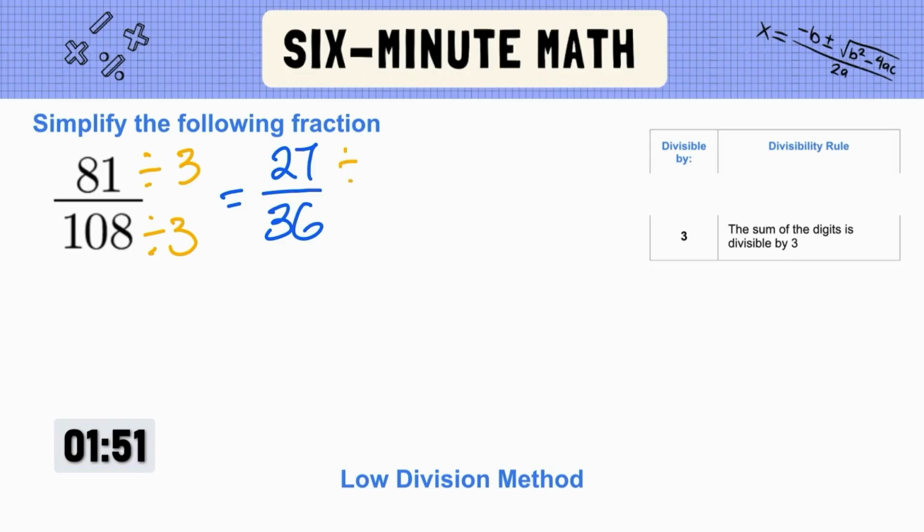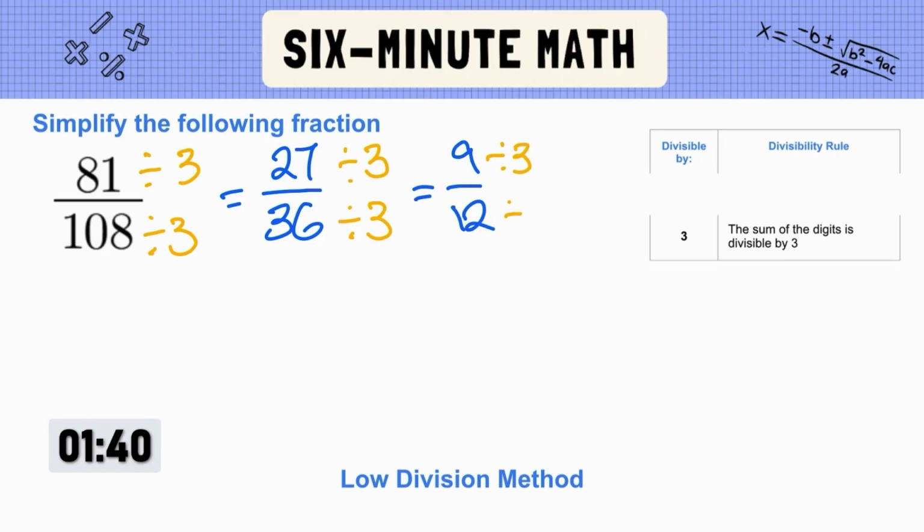Both of those numbers are divisible by 3 for 9 over 12. And lo and behold, one more time, both top and bottom are divisible by 3 for a final reduction of 3 over 4.